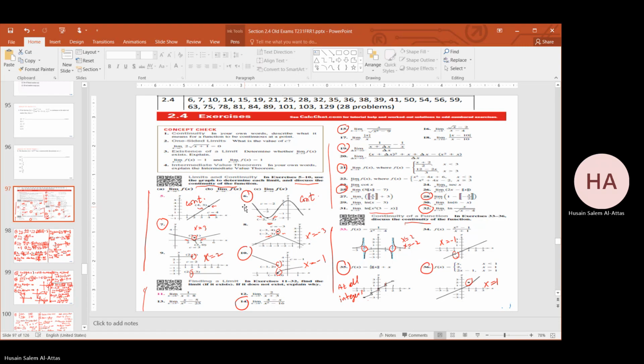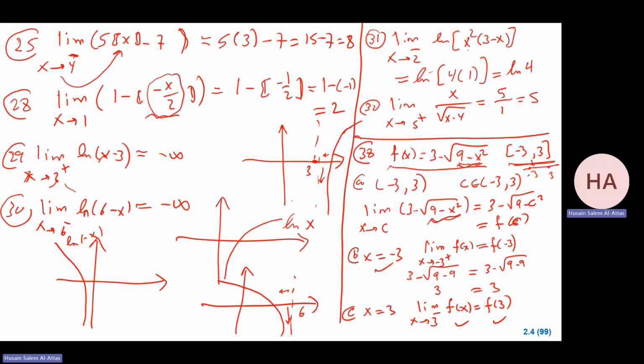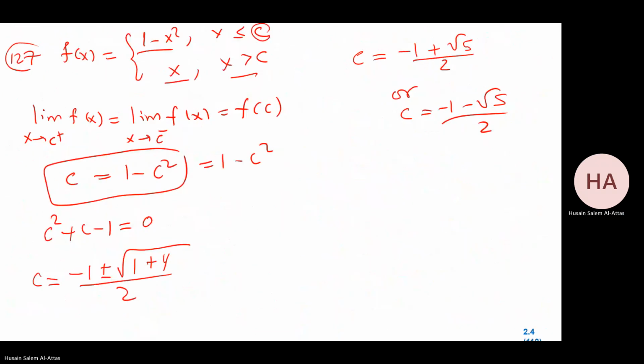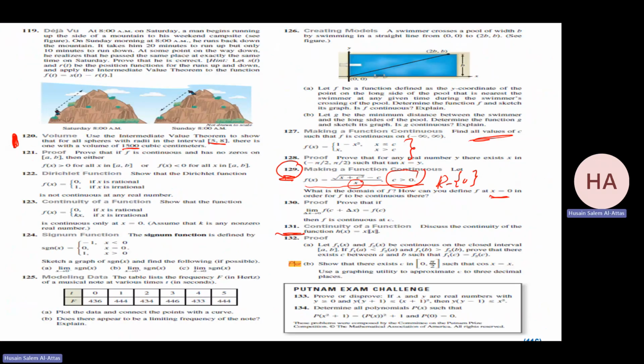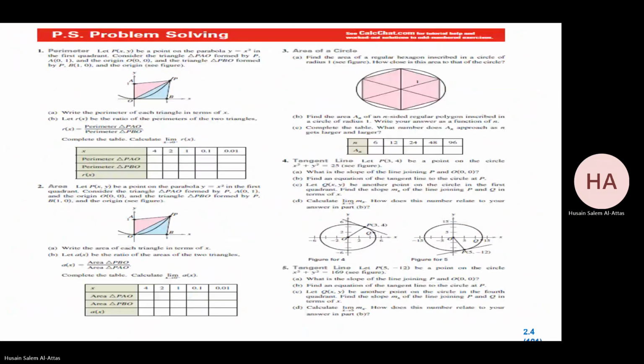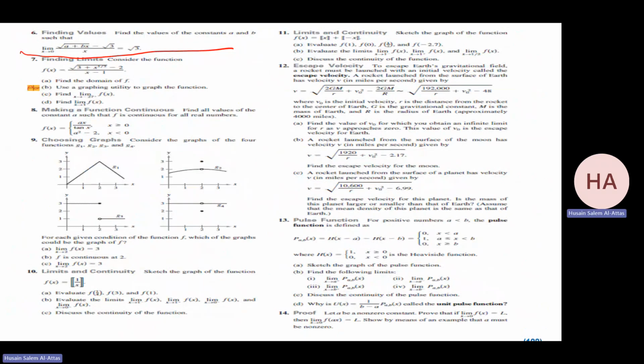I'll do also number 7, these problem solving things. Number 7, finding this limit.